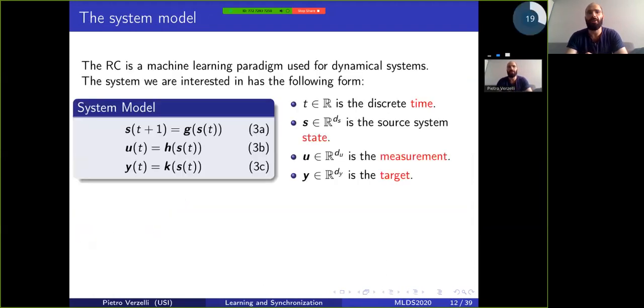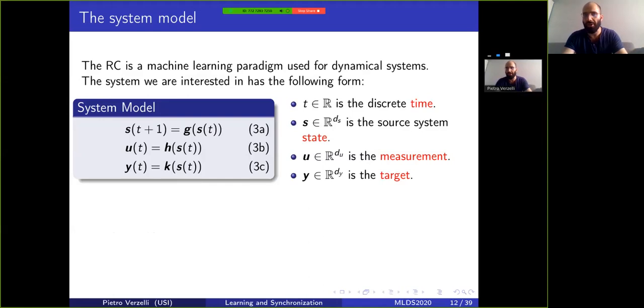Reservoir computing is a machine learning paradigm used for dynamical systems. And the system model we are trying to approximate, to learn or study, is like this. We have a state system which we do not know, and the source system has its own update equation G. We have a measurement function U, which is what we are reading from the system.